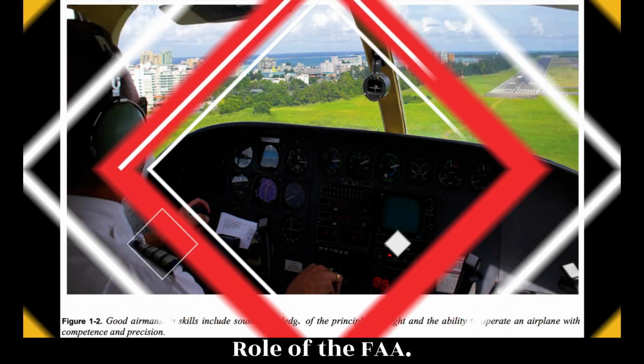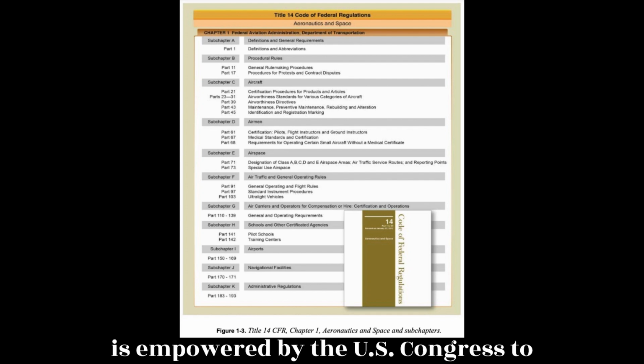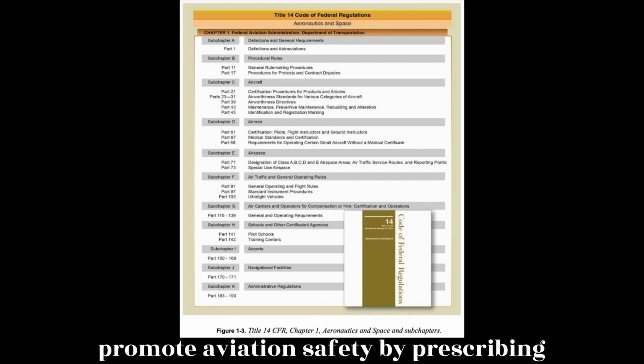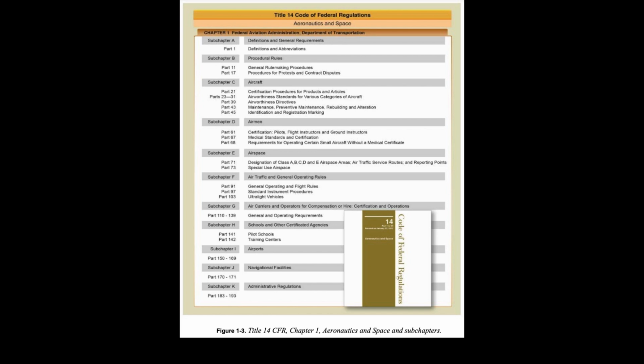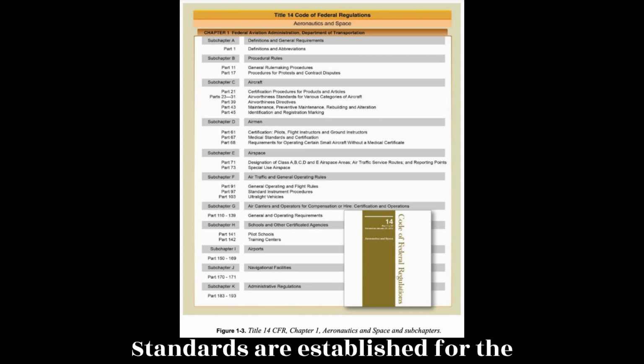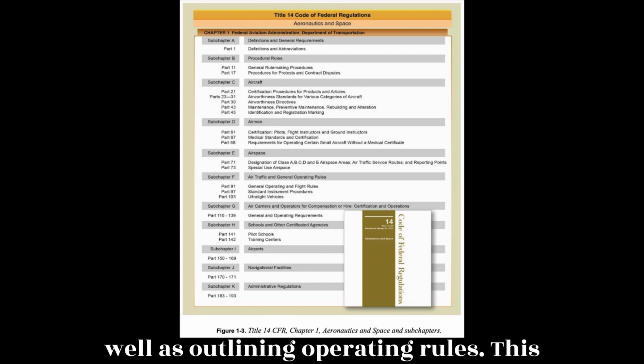Role of the FAA. The Federal Aviation Administration, FAA, is empowered by the U.S. Congress to promote aviation safety by prescribing safety standards for civil aviation. Standards are established for the certification of airmen and aircraft, as well as outlining operating rules.